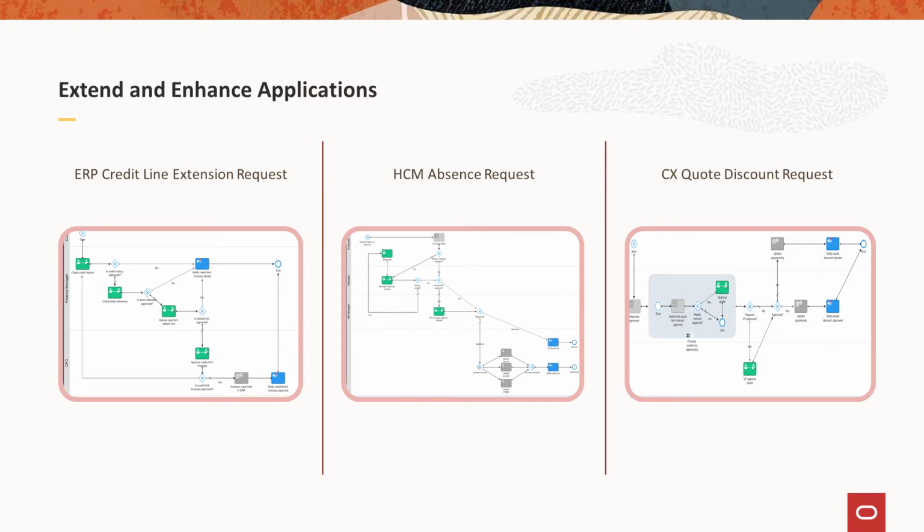Here we have a few examples: credit line extension, absence request, discount request. These are examples that allow you to extend and enhance these applications using process automation.